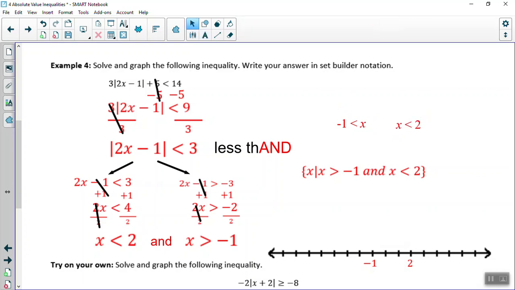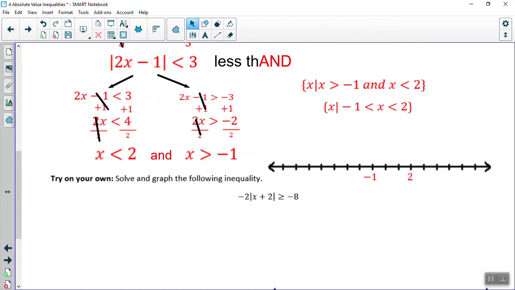So if I flip them around, I can overlap my x's like that. So I took the smaller one and wrote it backwards. And then I can overlap my x's. And when I do that, the set builder looks like this. And it's basically saying all my x values are between negative 1 and 2.